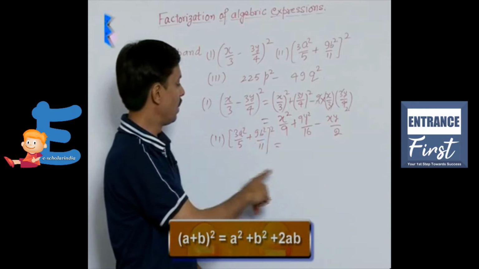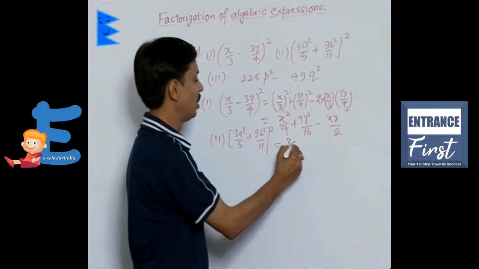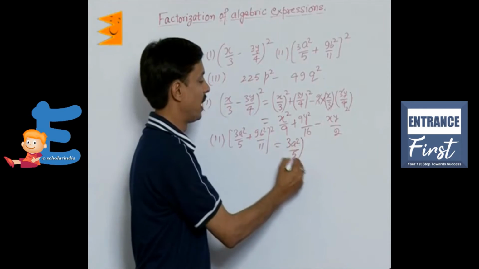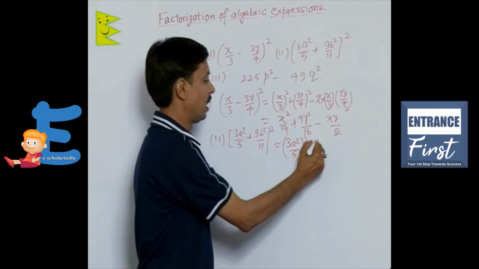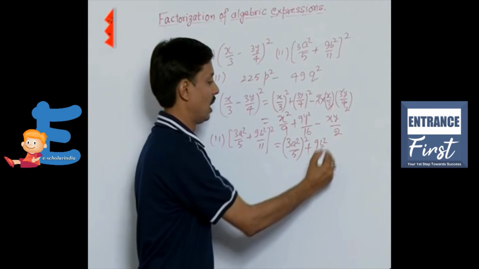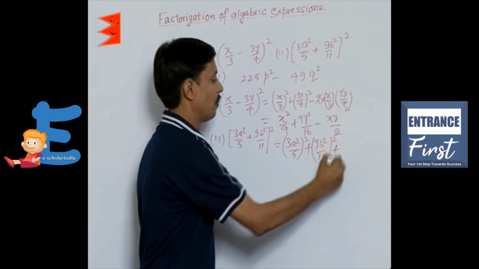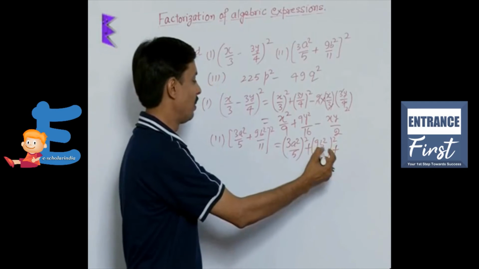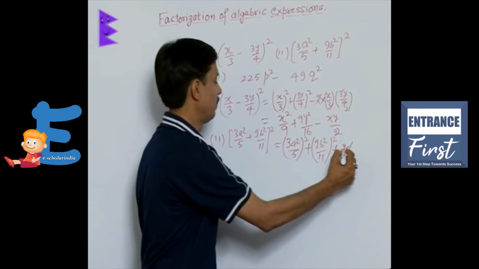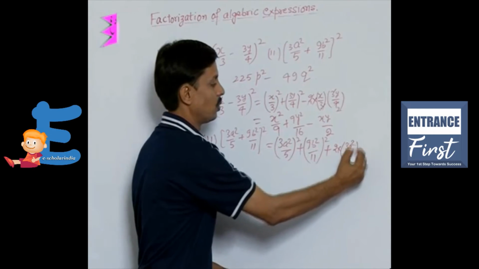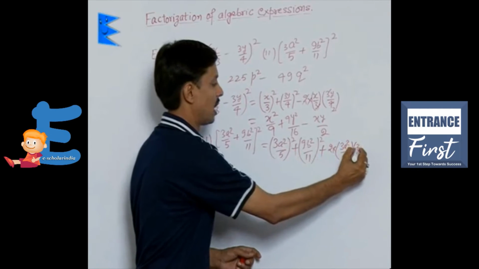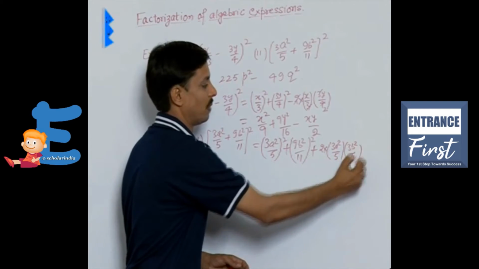Here a means first term, that is (3a square upon 5) whole square, a square, plus b square meaning (9b square upon 11) whole square, plus 2ab, meaning 2 into first term, that is 3a square upon 5, into second term, that is 9b square upon 11.